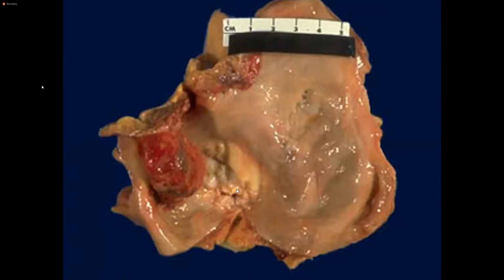Then we talk about the complications that occur with time. In acute rheumatic fever, we mentioned that there will be vegetations. The vegetations will form on the leaflets of the mitral valve and other valves, but most commonly it is the mitral valve, in about 70 to 80% of the cases.